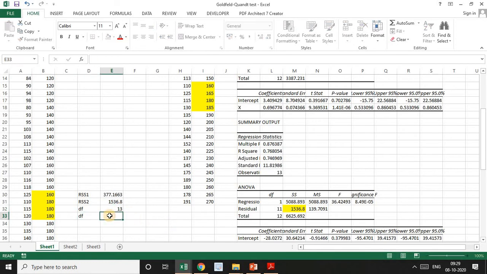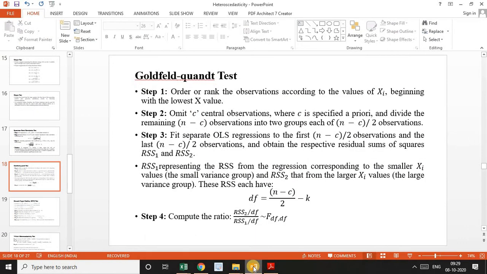Then this 13 minus k, where k is the number of parameters to be estimated. Here only beta 0 and beta 1, so k is 2, and it is 11. So df is equal to 11.